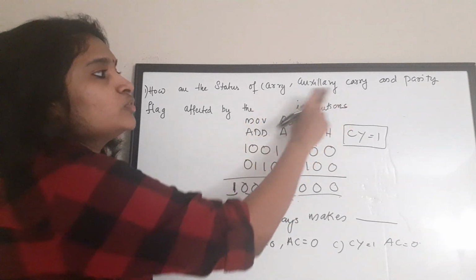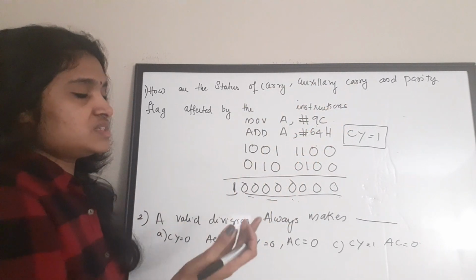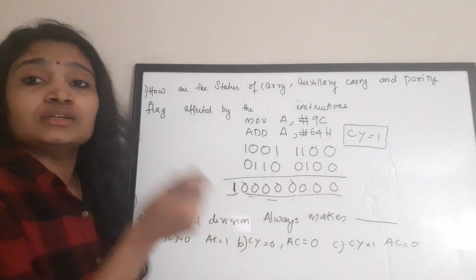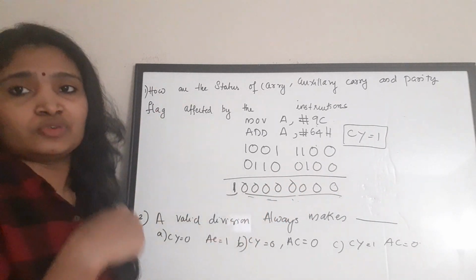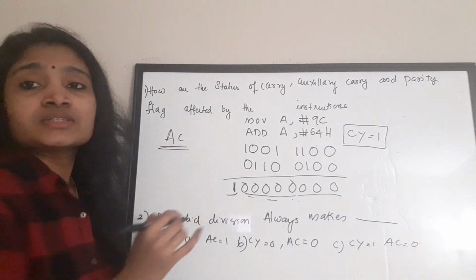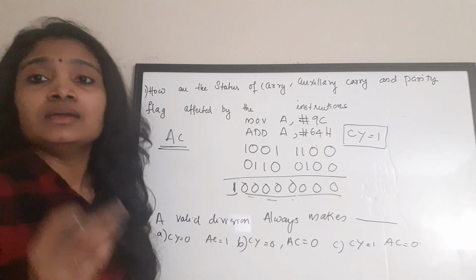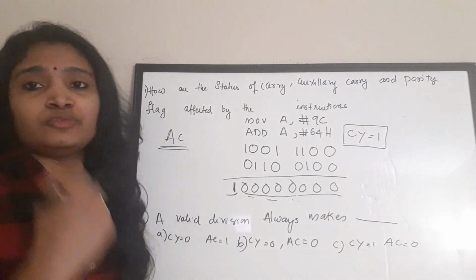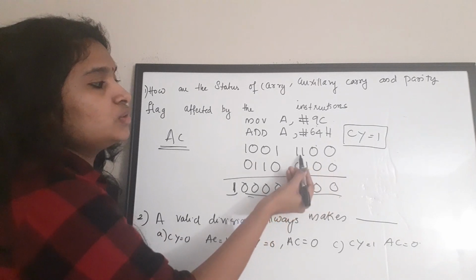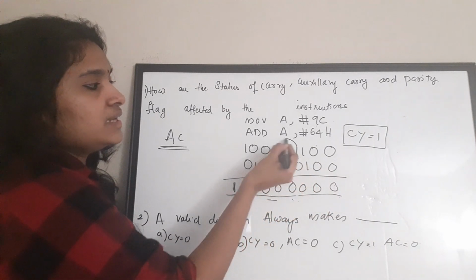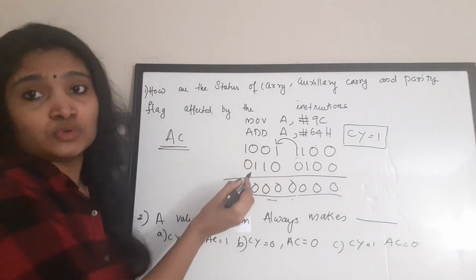Then we have to look for the auxiliary carry. To see the auxiliary carry, we check whether any carry is generated from the D3 bit to the D4 bit. That is how we check the auxiliary carry, AC. Counting 0, 1, 2, 3, this is the D3 bit.